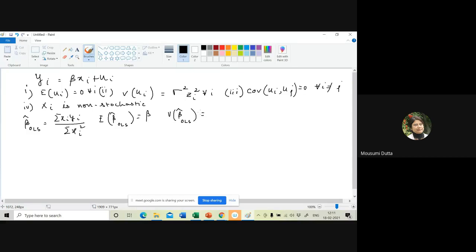And tell me the formula for variance of beta hat in terms of xi, zi, etc. In this particular context, when variance of ui is equal to sigma square zi square, tell me what will be the value of variance of beta hat OLS. Look, the formula is already given. You already did it.